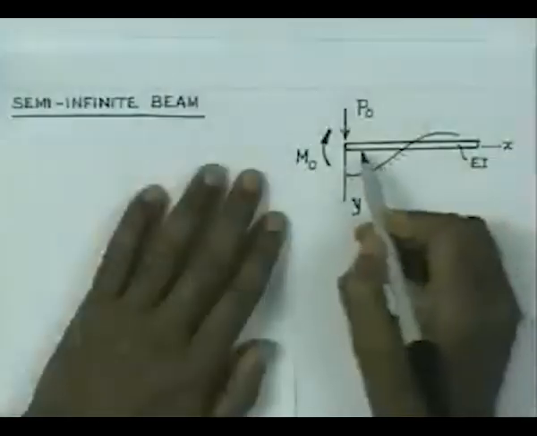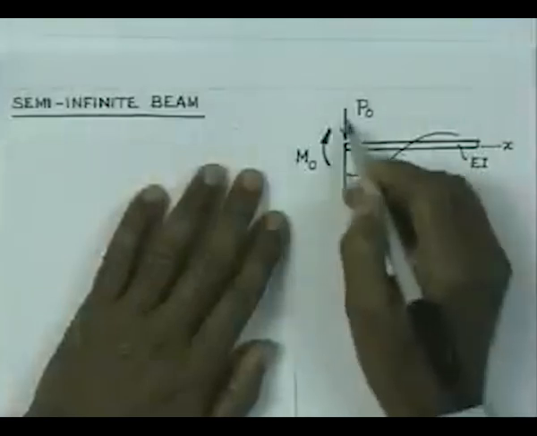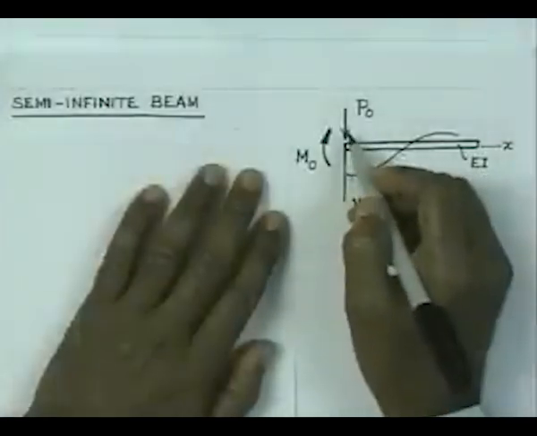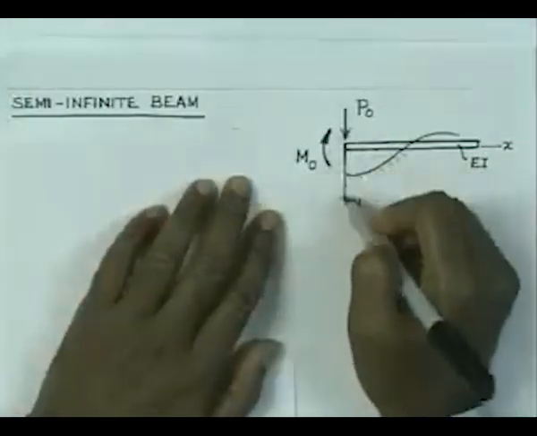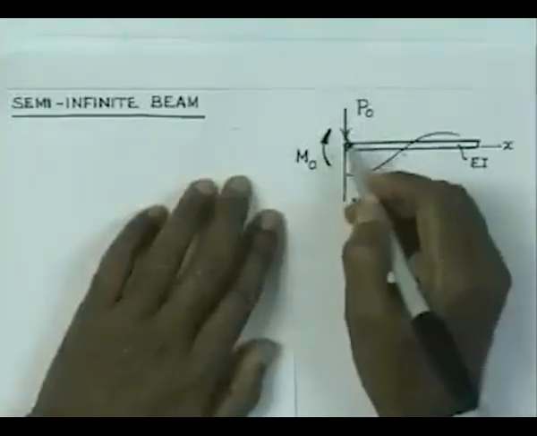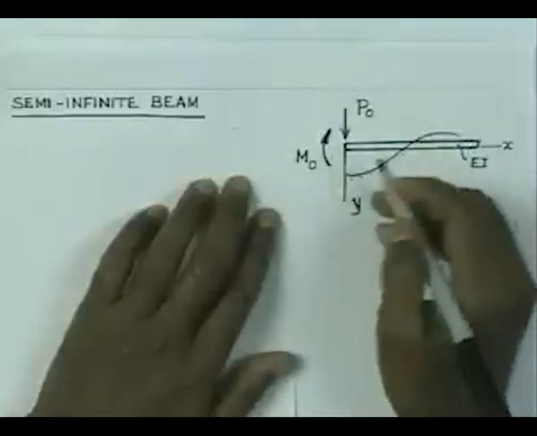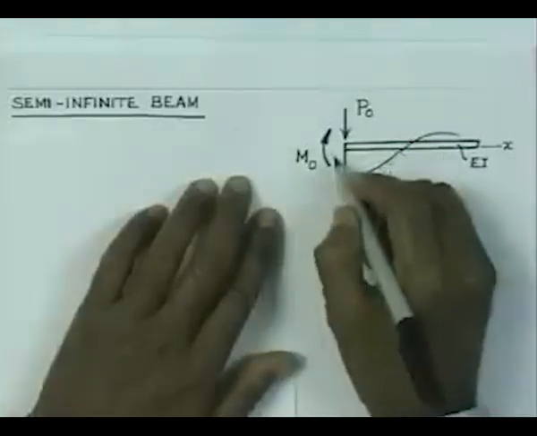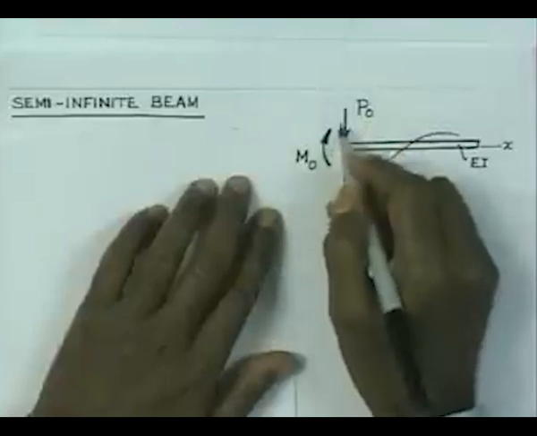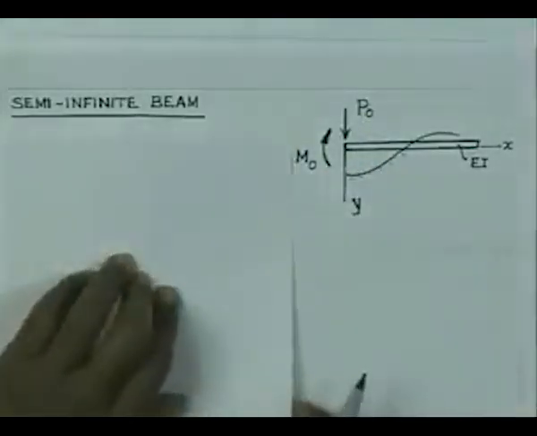So, the beam is like this with rigidity EI, and it is subjected to a concentrated load P0 at the origin, and also a positive bending moment. This is a negative shear force, because on this face, shear force acting upward is positive.